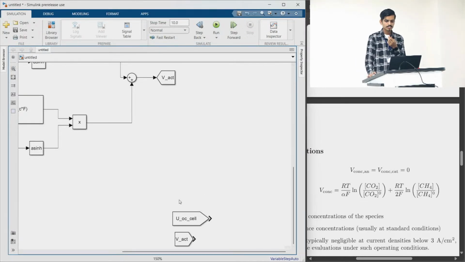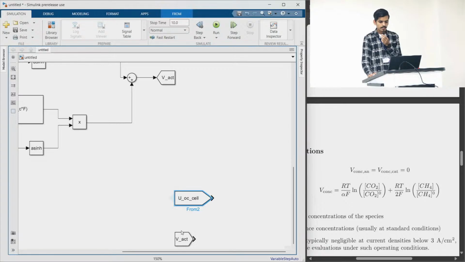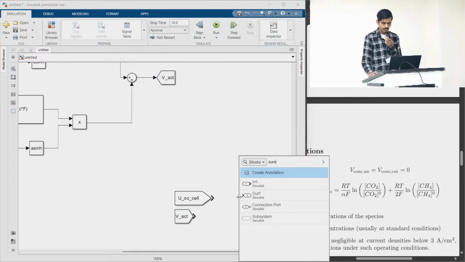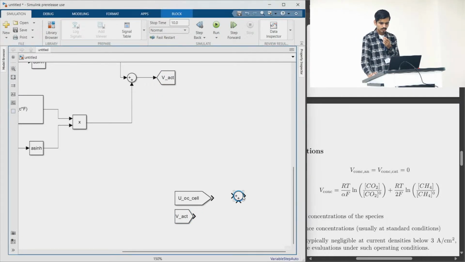Basically here we are just accounting the cell voltage equation, which says that V cell is equal to V ohmic plus V activation plus V open circuit or reversible plus V concentration. We are trying to implement that only. Ohmic losses are accounted for in the circuit itself, so we have to find only activation and open circuit voltage. So now we write sum, and we get this Sum block.